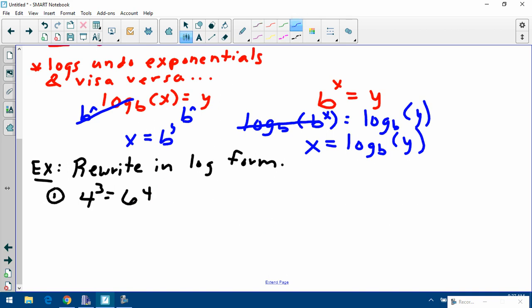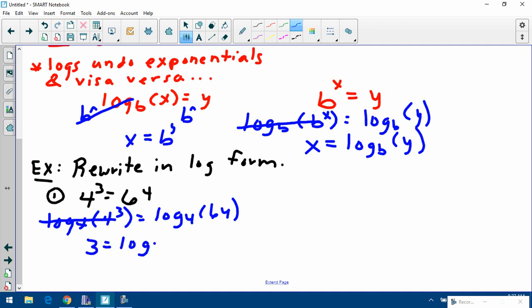If you'd rather do the mathematical way of taking the log base 4 of both sides, so log base 4 of 4 to the third equals log base 4 of 64. Log base and the base 4 cancel, gives me 3 equals log base 4 of 64. Now it's in log form.